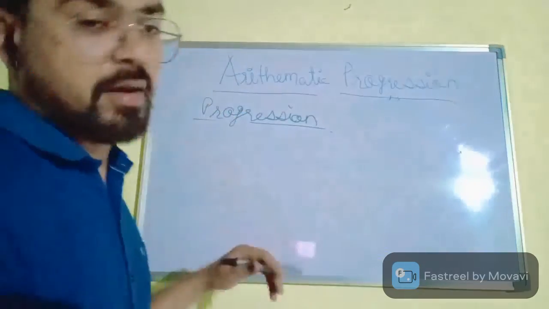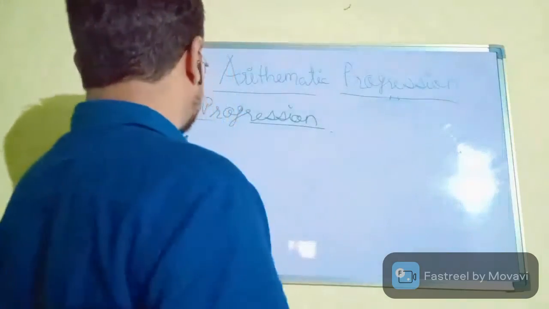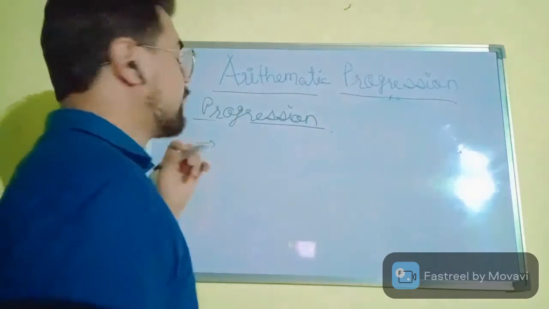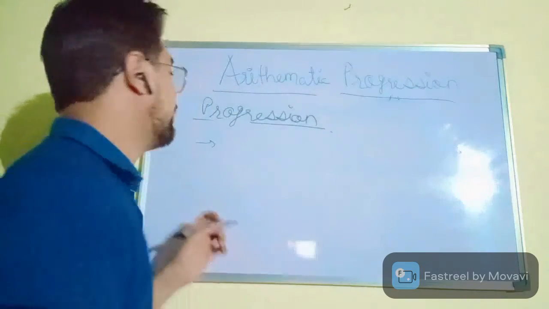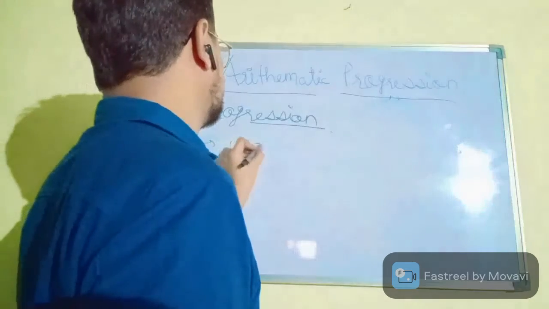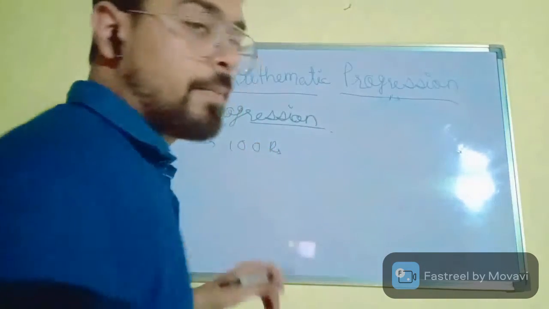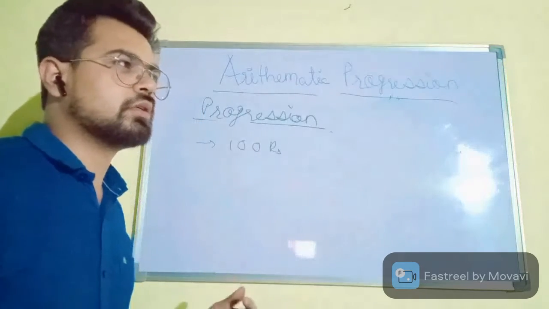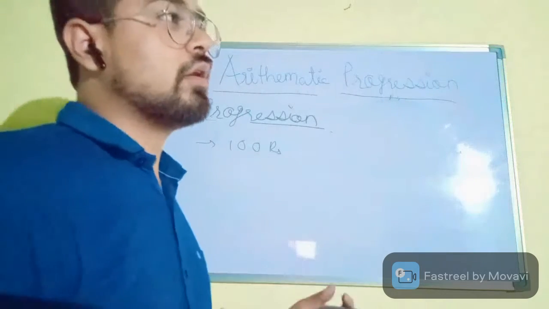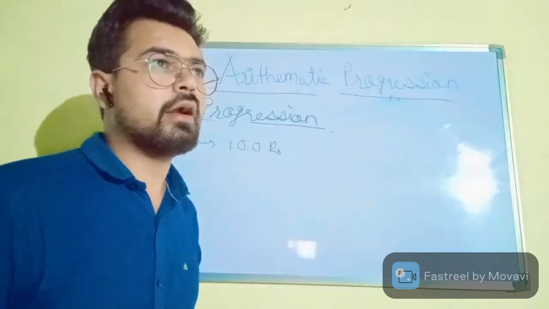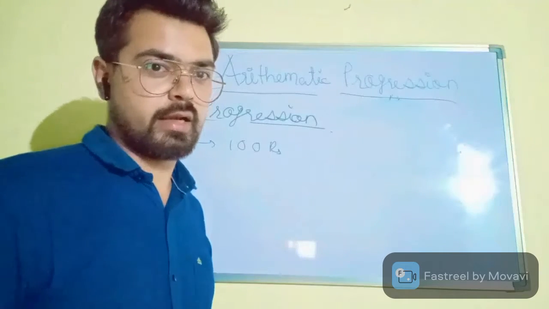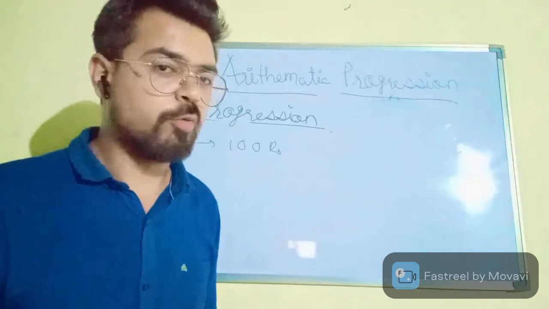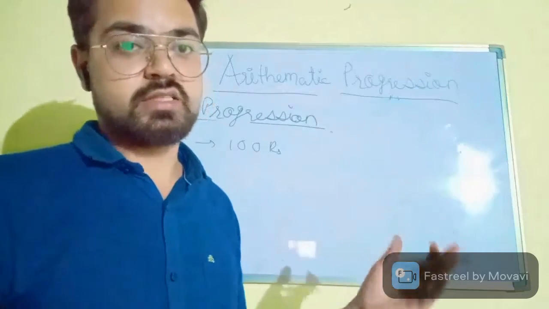So let us take an example: today I have around 100 rupees, and tomorrow I am going to save 100 plus 10. Every day I increase 10 rupees from the previous day.